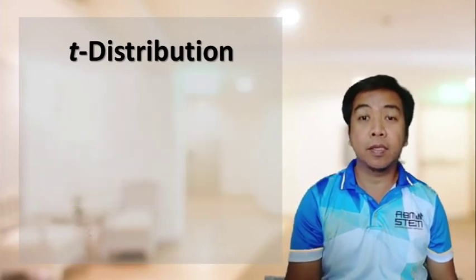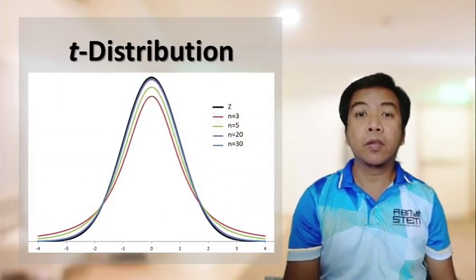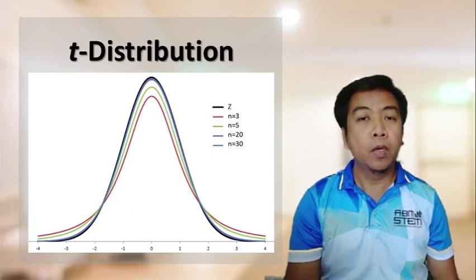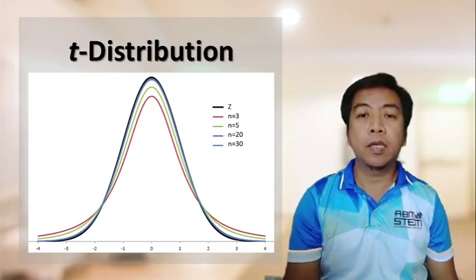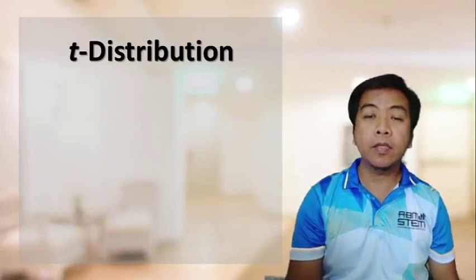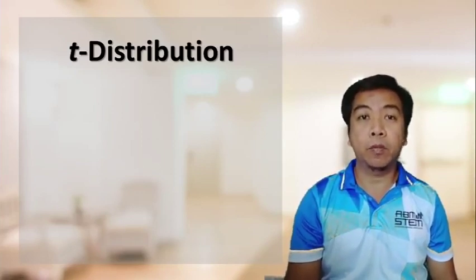Subsequently, as the sample size increases, the curve becomes more and more like the normal distribution. We use t-distribution in conjunction with t-test to estimate significance and confirm or deny the null hypothesis.